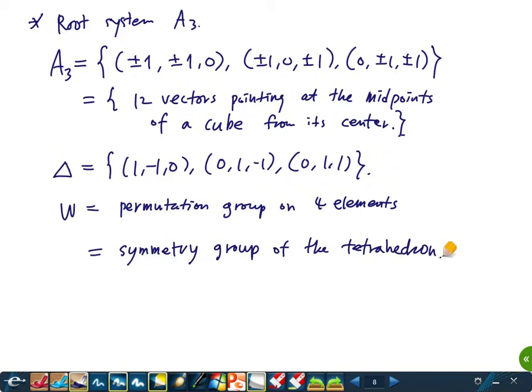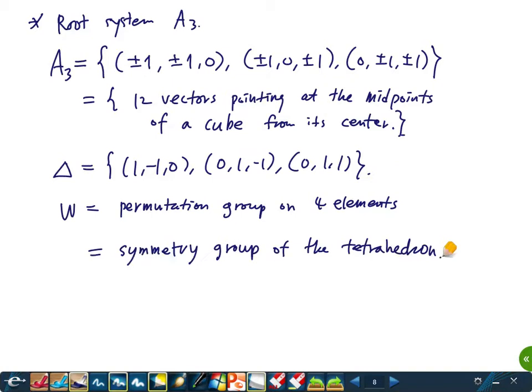Then we get this polyhedron. I think it's called a cuboctahedron. So we have the center, but now instead of pointing to midpoints, it points to every vertex of this outside polyhedron. And you can see this little tetrahedron sitting inside.